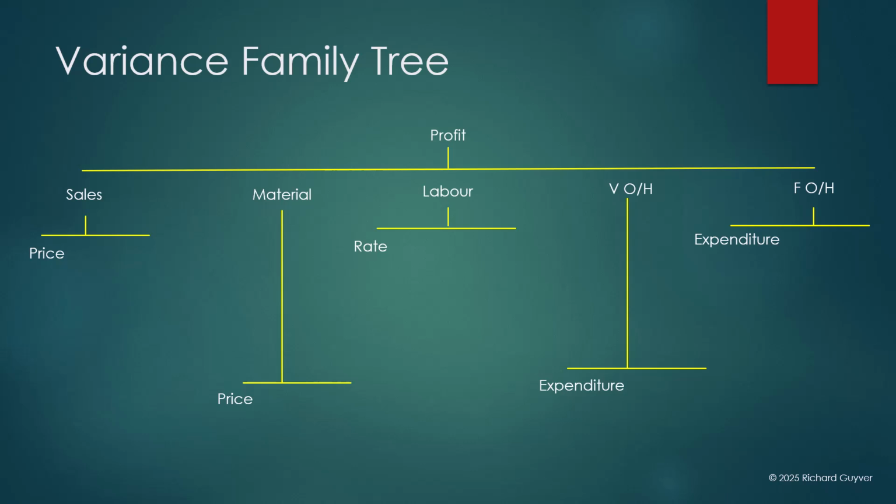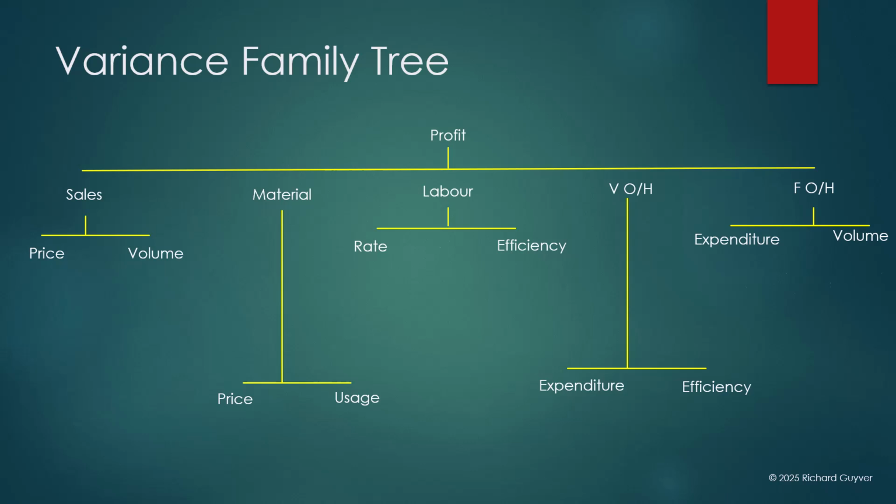All of these sit on this left-hand side of the family tree. And equally, they all have some volume or efficiency-based split. So on the right of this branch, we've got the sales volume variance, the material usage variance, and then labour and variable overhead efficiency variances, and fixed overhead volume variance. All of these are related to how much is happening. So we've got price on the left and we've got some sort of volume measure on the right.